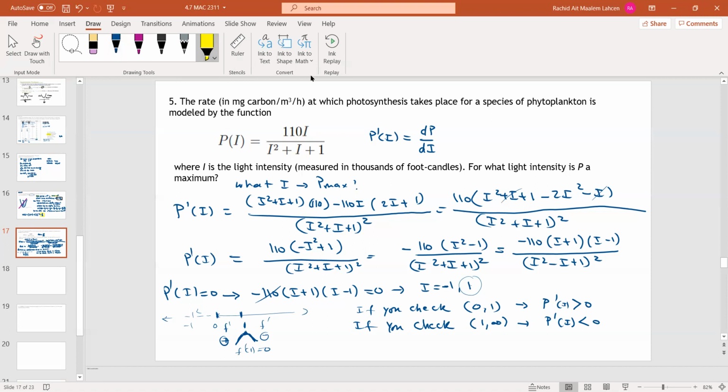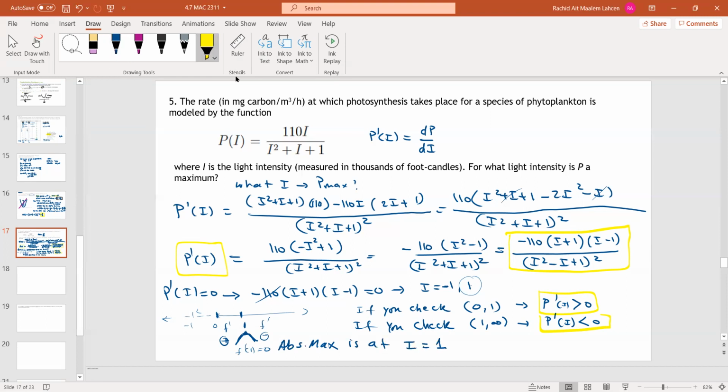So you have the formula. Here is the formula of the whole thing. Even try the whole thing, right? And that's what you're going to find. And since it changes from positive to negative, and p prime is 0 at 1, we can say that there is the max, the point we're looking for, the absolute maximum is at I equal 1.